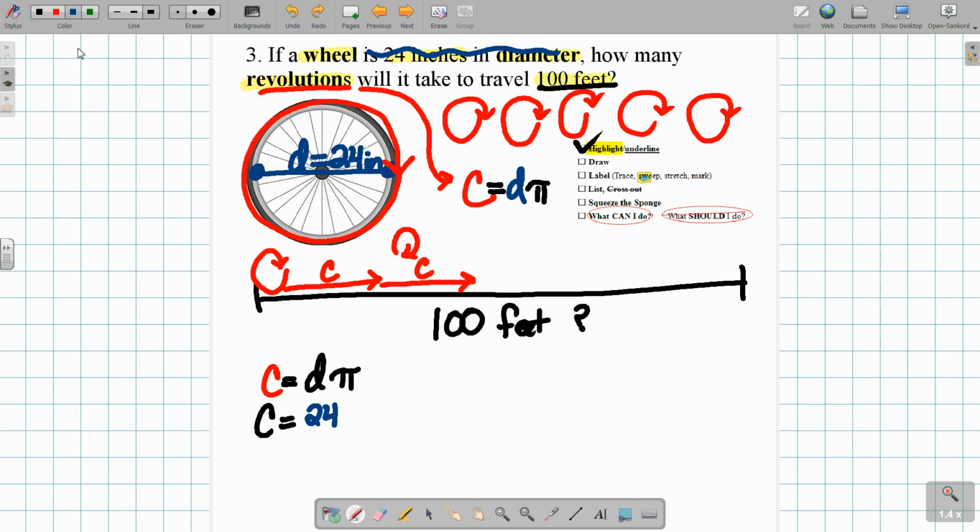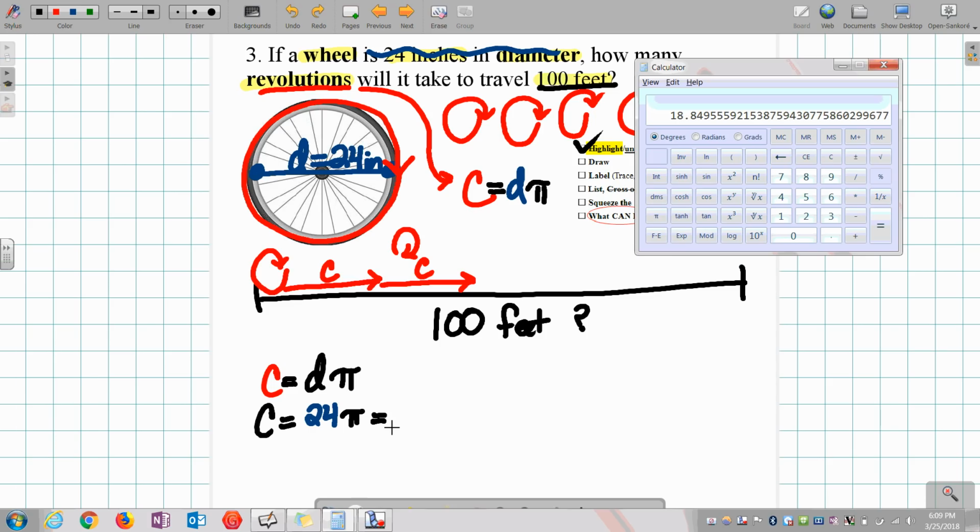C equals 24 inches pi. Now, because I'm going to use it to do something else, I'm going to get the decimal version of this. To your calculator, make sure you're getting the same thing I am. Take it to the second decimal, which will be 75.398, so that's going to turn to a 4, 75.4.